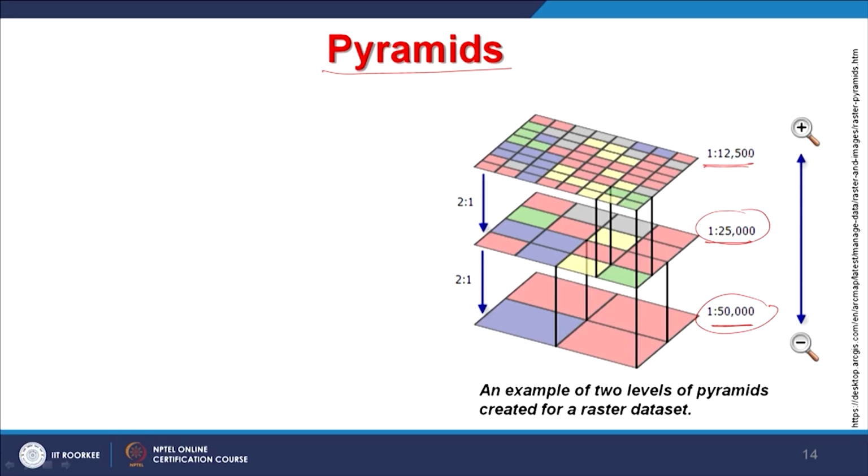So, if a pyramid has been constructed for an image, then it will make my display very fast. And as I have said, ArcGIS has implemented this concept very successfully.